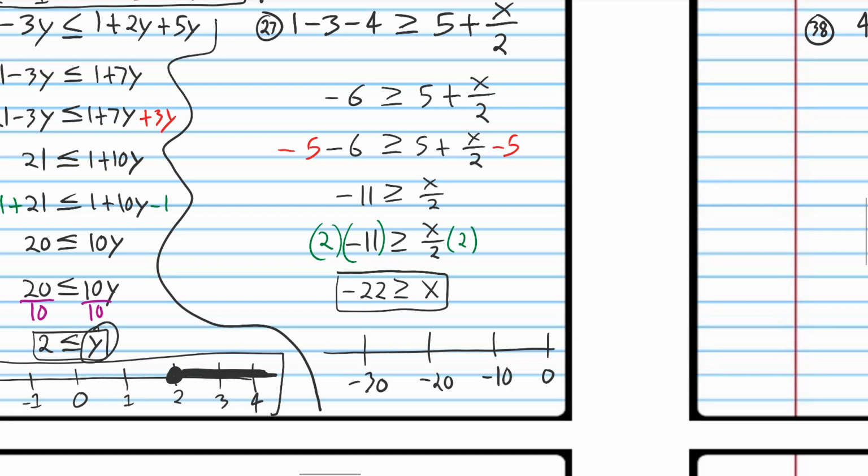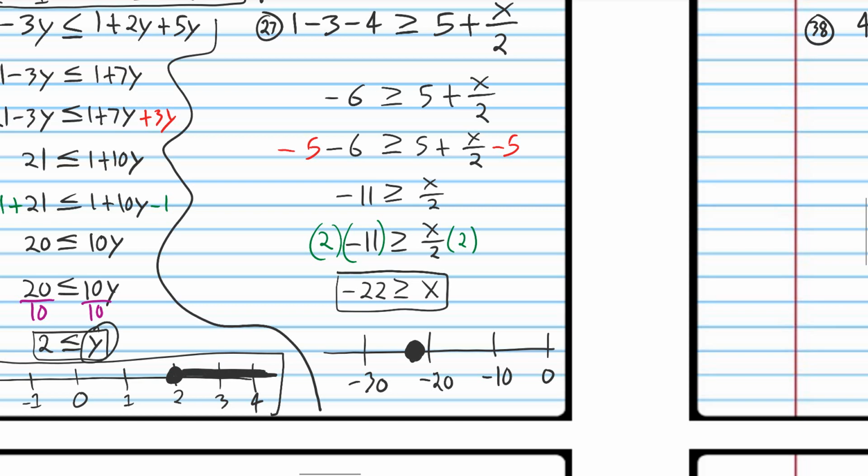So there's one example of the divisions you can make. And then it says -22 is greater than or equal to. So we're going to go ahead and plot -22, which would be roughly here. Doesn't have to be exact.